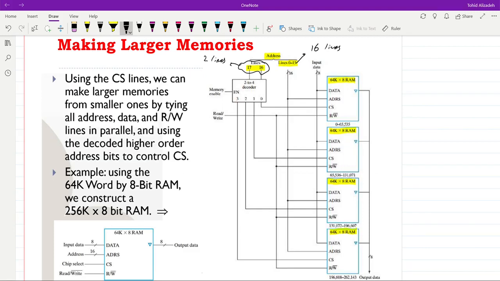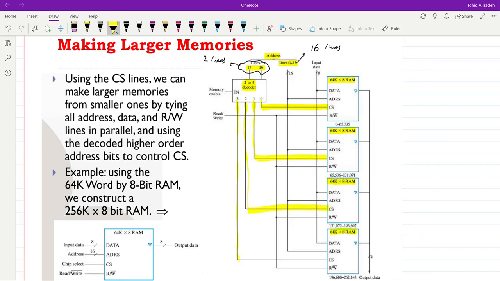The 2 most significant bits of our address lines will be used in order to feed a 2 to 4 line decoder, out of which we will get 4 outputs, and those 4 outputs will be connected to the chip select of the smaller memory ICs that we are going to use. And you can see them here.